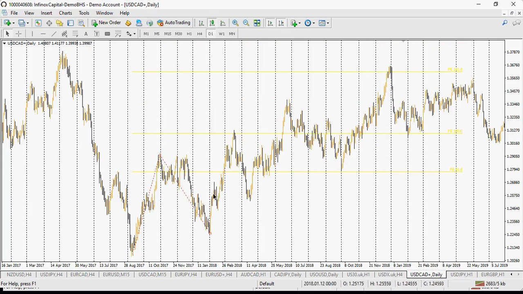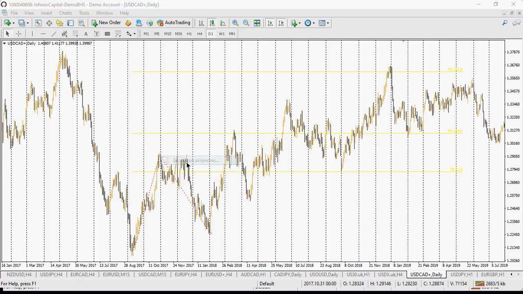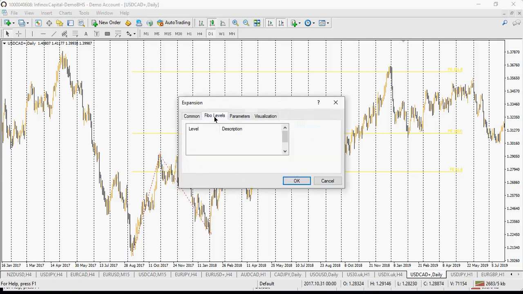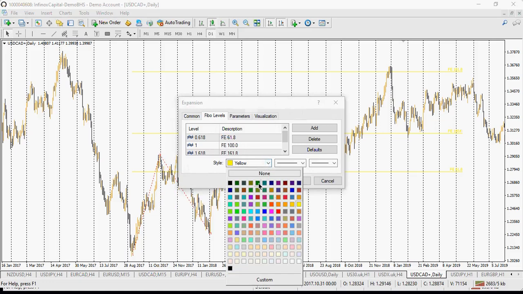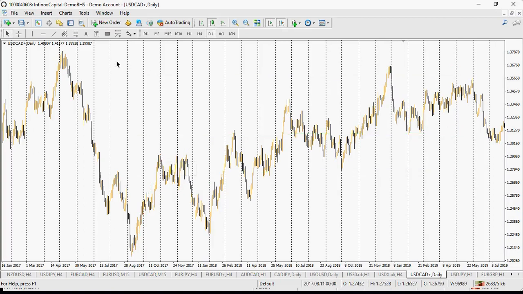Okay, so that's the use of the expansion tool, but I have combined that into one, so I don't need to start using two tools. Some people do their first take profit here, FE 61.8, first take profit, second take profit, third take profit. But I have combined mine into one. So that's how to use this.